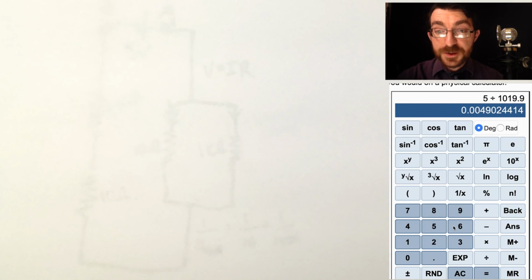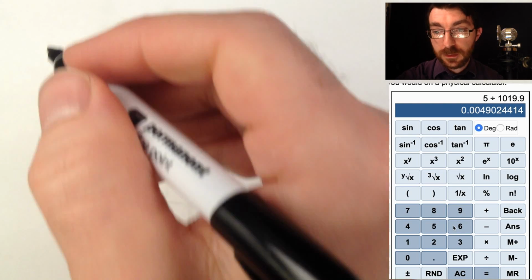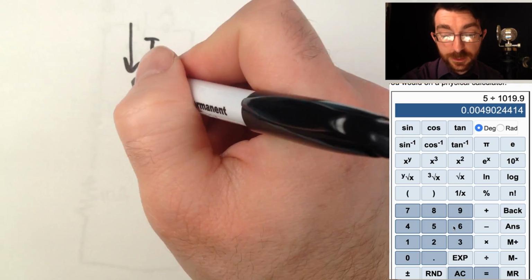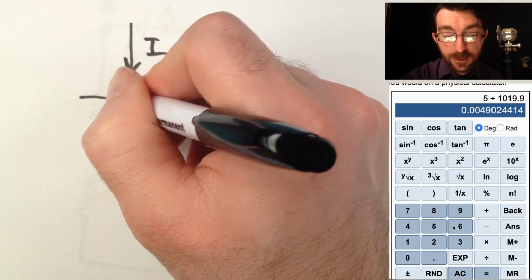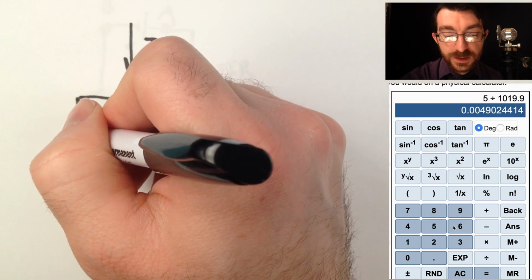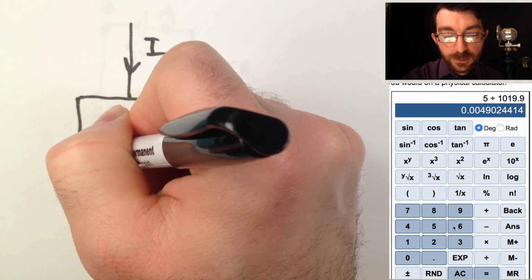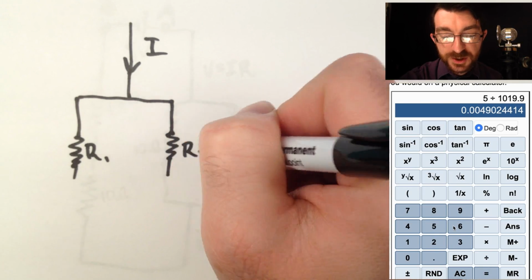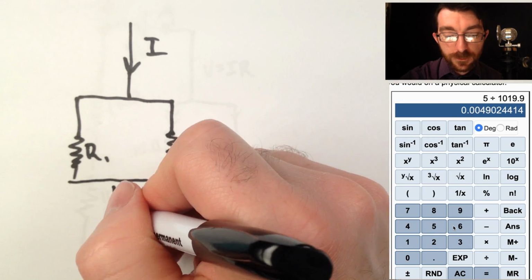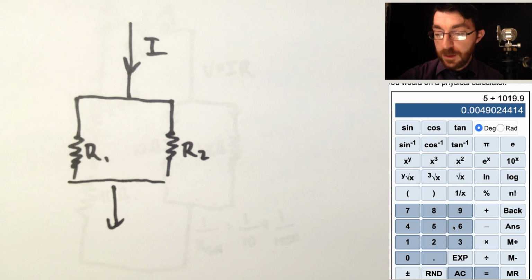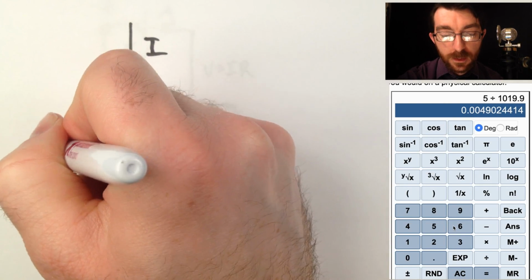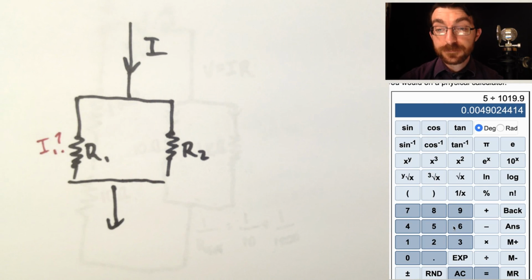Okay. So, in the situation where we have some current that's traveling through 2 resistors, resistor 1 and resistor 2, how much current goes through resistor 1?